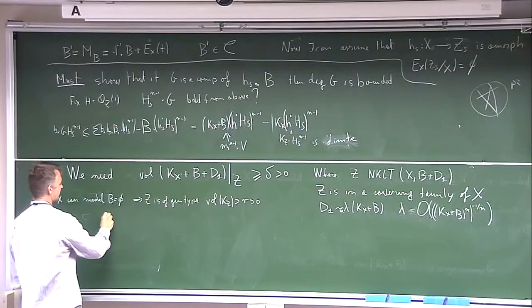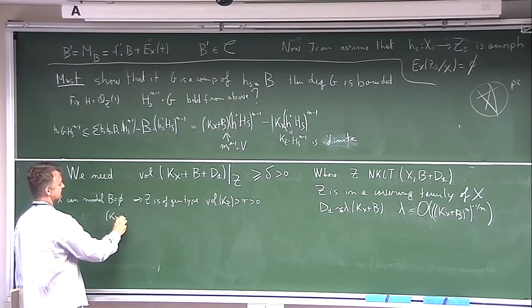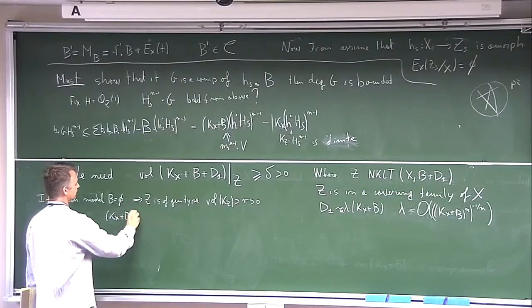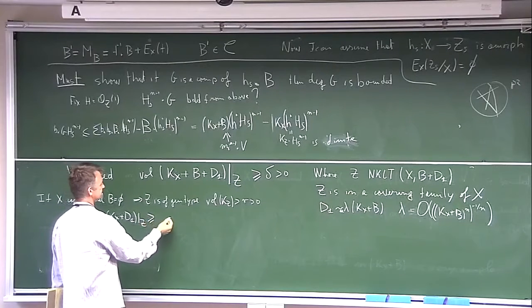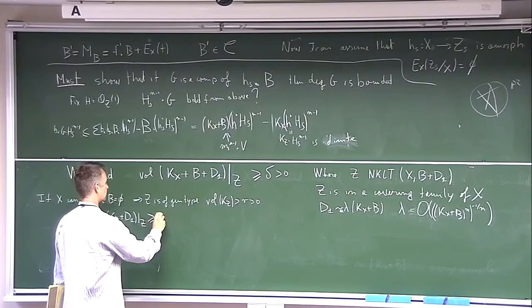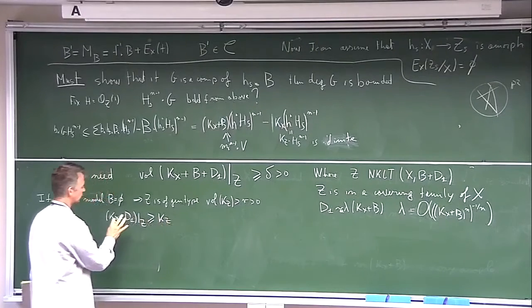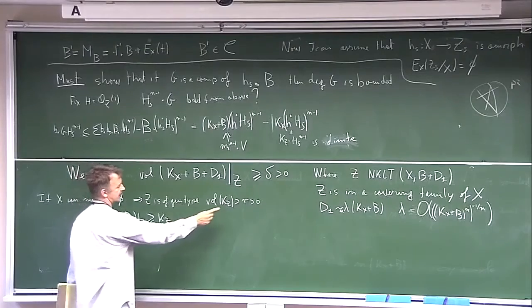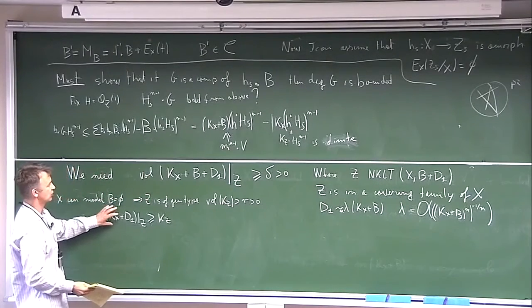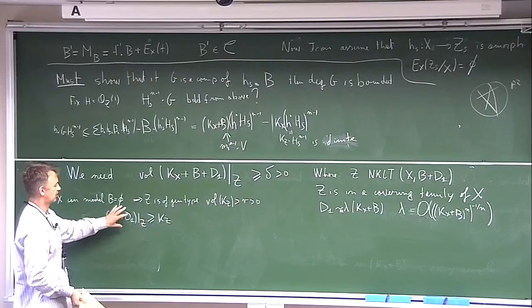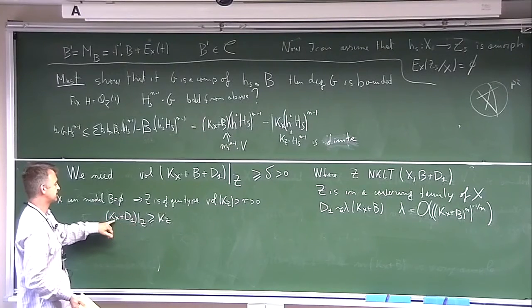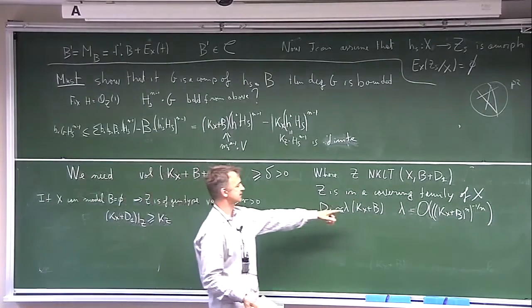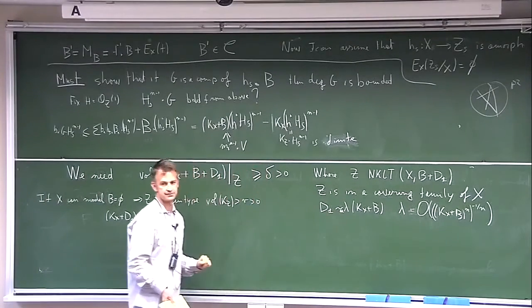And then there was no B, so just D1 restricted to Z was compared to K of Z. So this volume was bounded from below by this quantity, and this volume is essentially the same as the volume of Kx restricted to Z, because D1 is a multiple of Kx, and you control how big that multiple is.